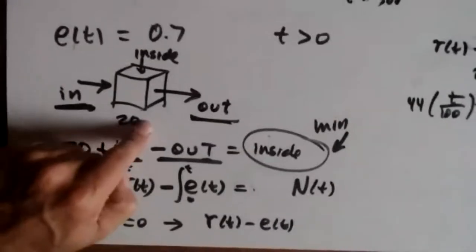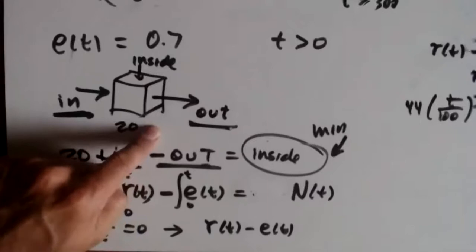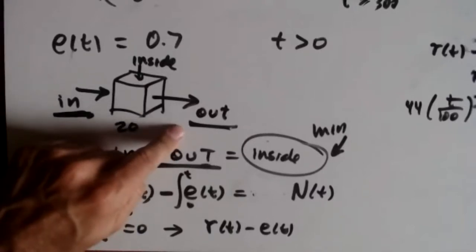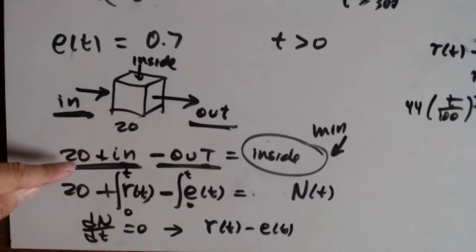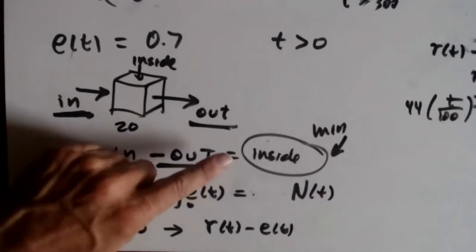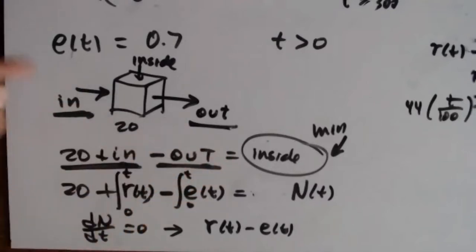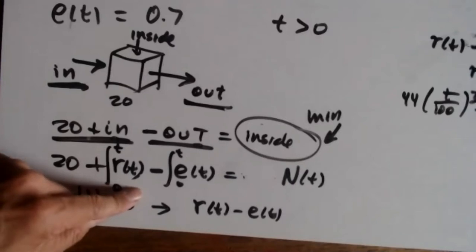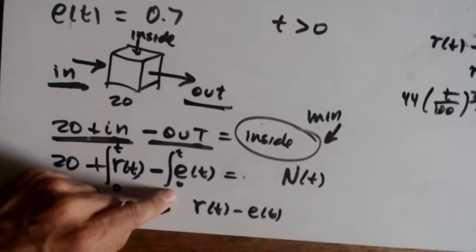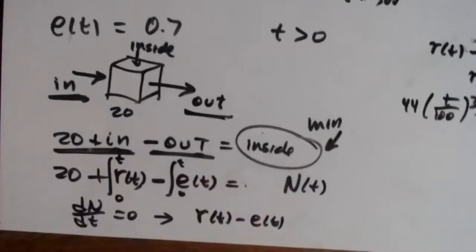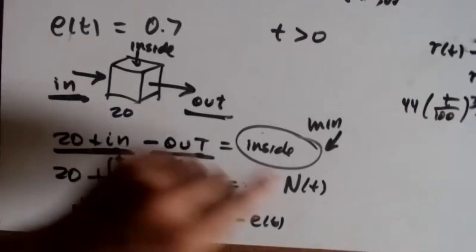I have 20 people in the line, then people in, people out after t equals 0. So 20 plus the people in minus the people out is the people in the line, correct? People in is the integral from 0 to t, and this is N of t, the number of people in the line.